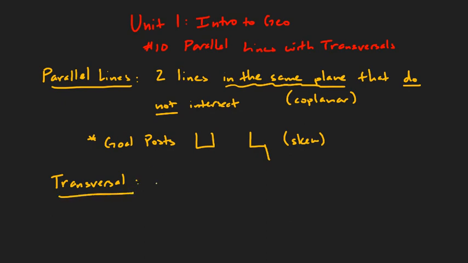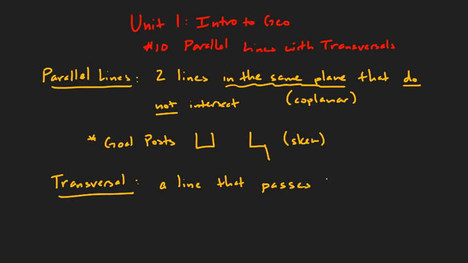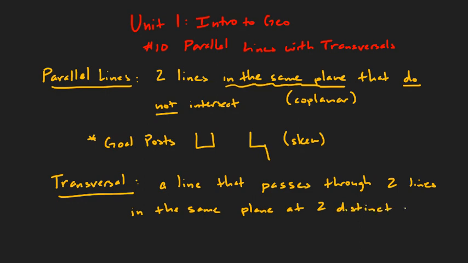This transversal is that third line, so it's a line that passes through two lines in the same plane, so again, that whole idea of coplanar, at two distinct points.